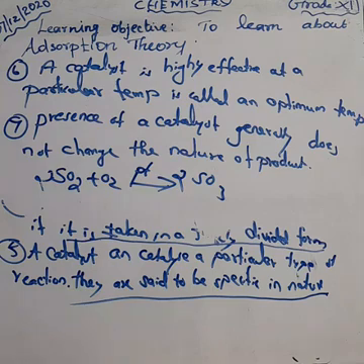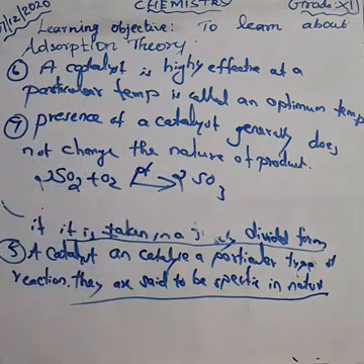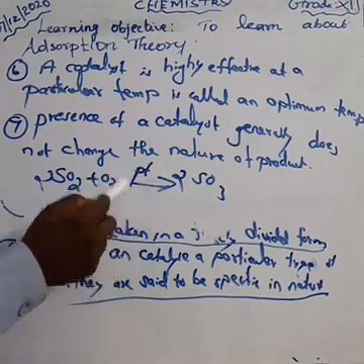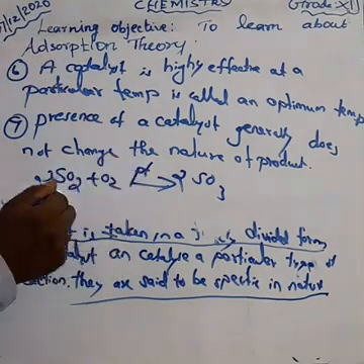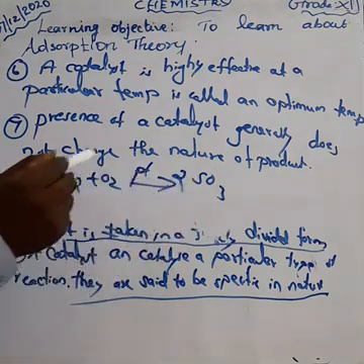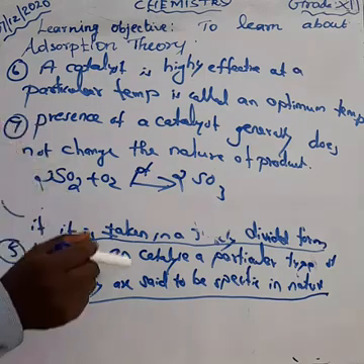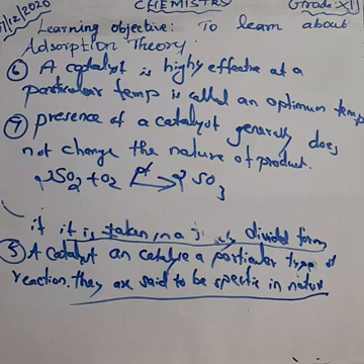For example, in the reaction between sulfur dioxide and oxygen, we get sulfur trioxide. For this reaction we have to add platinum. In the absence of platinum, this reaction goes at a slow rate.